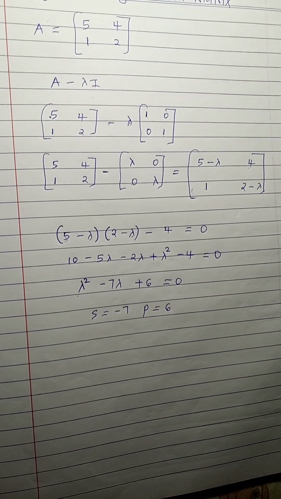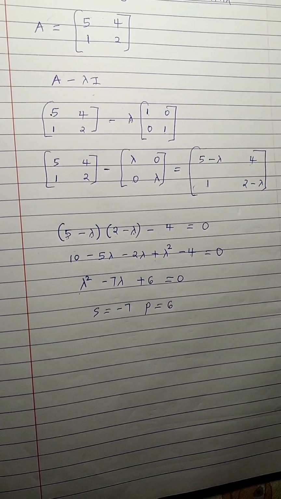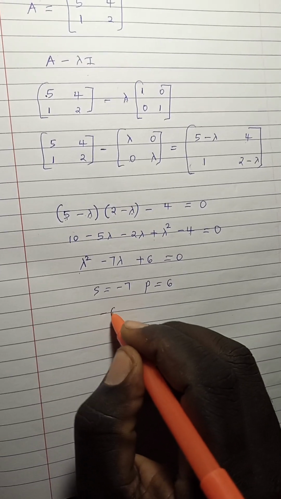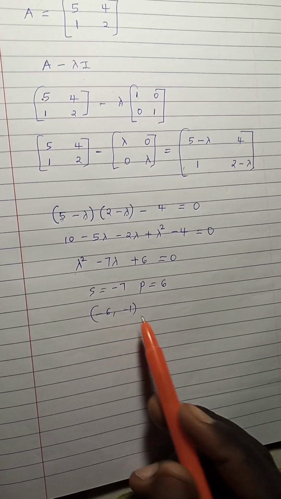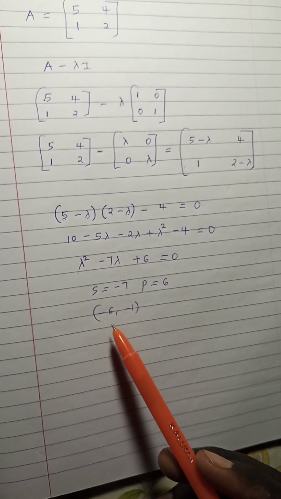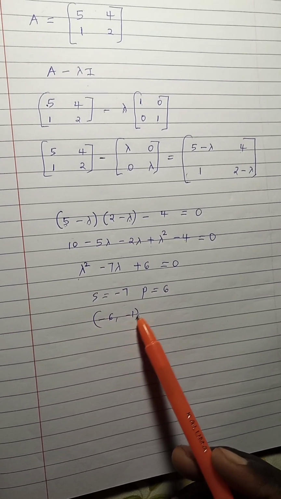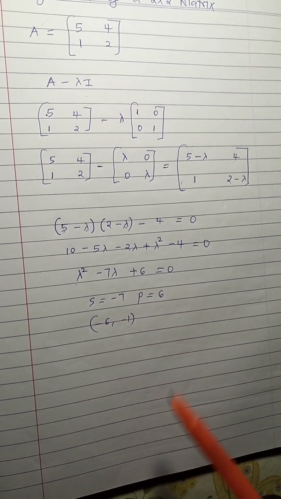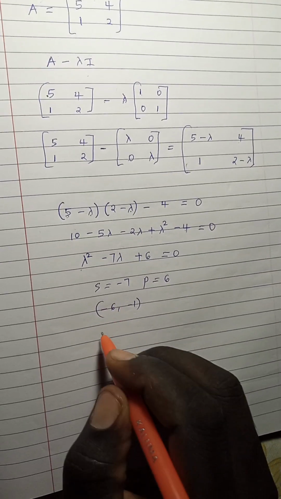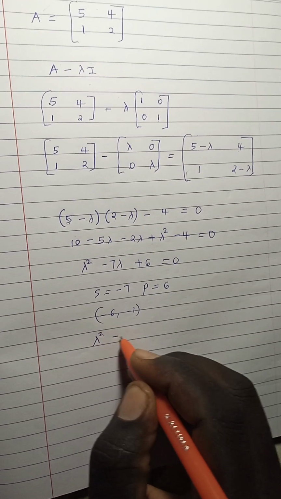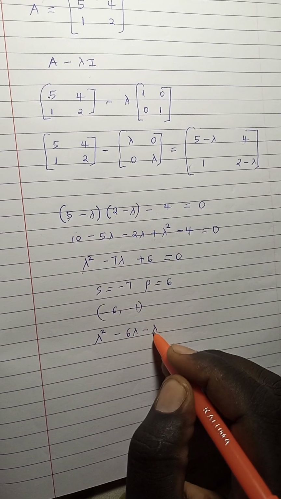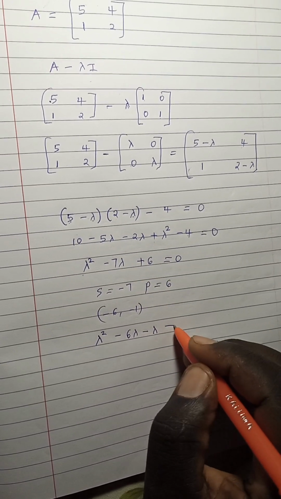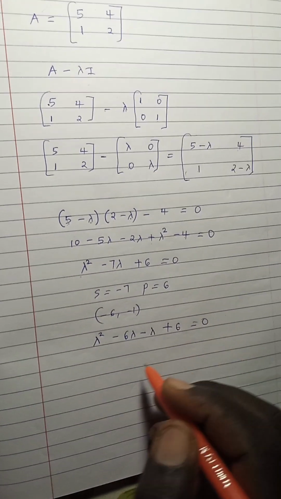The two numbers can be -6 and -1. When you sum them, you get -7, and when you multiply them, you get 6. So we will have lambda squared minus 6 lambda minus lambda, then plus 6 equals 0.